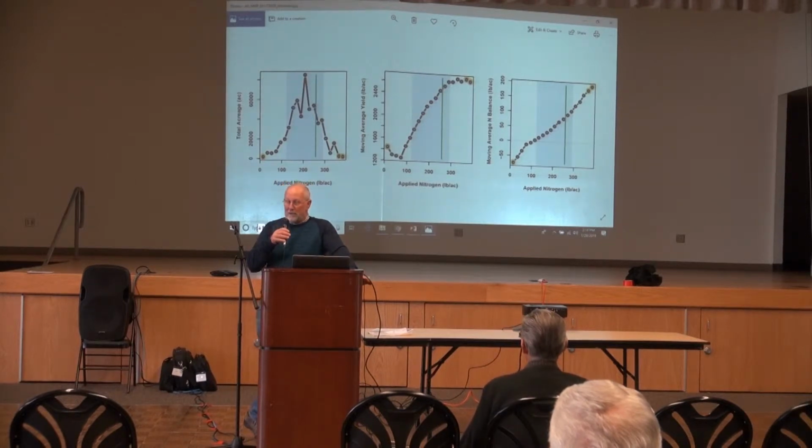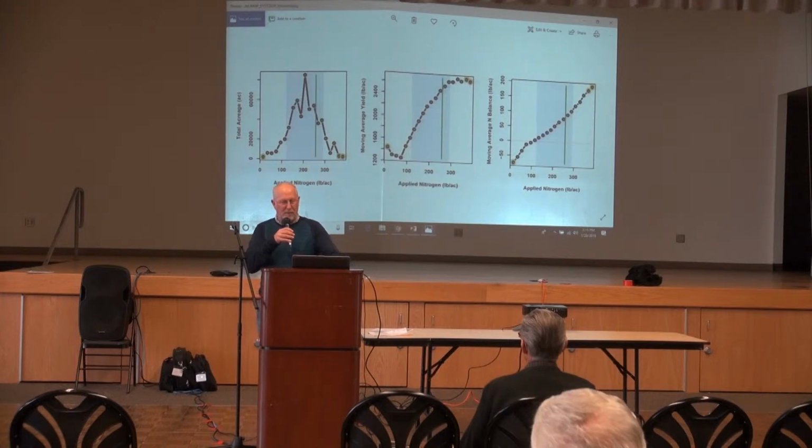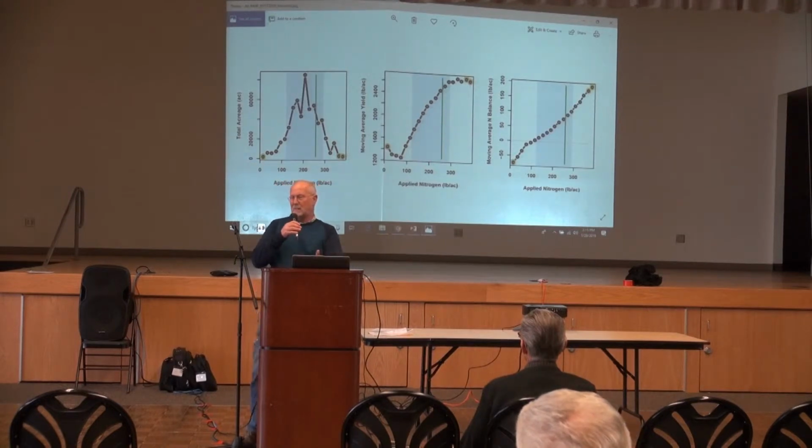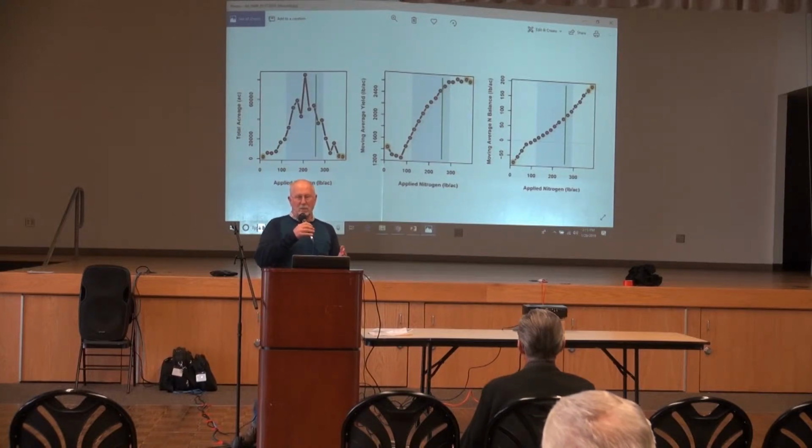And the characteristic of this plot that I didn't fully anticipate until we looked at these data is, although the first and second plots vary quite a bit from crop to crop, that right-hand plot is almost always shaped pretty much like this. So what that tells us is that every time we put on another pound or 10 pounds of nitrogen, we increase this index of risk.